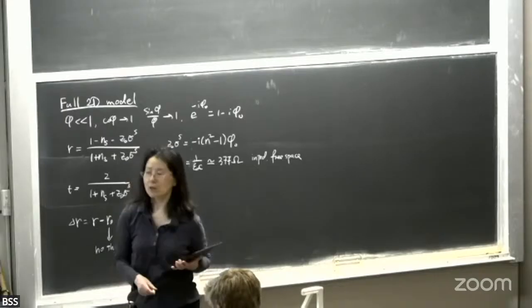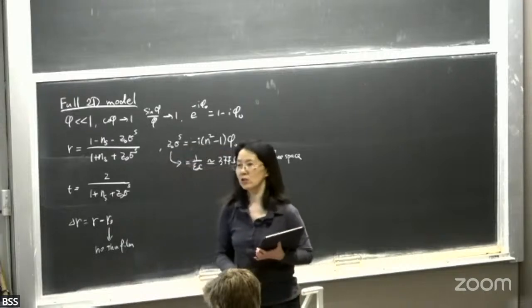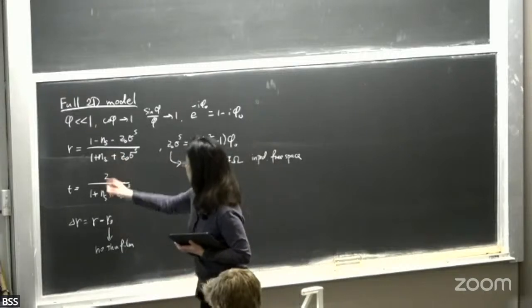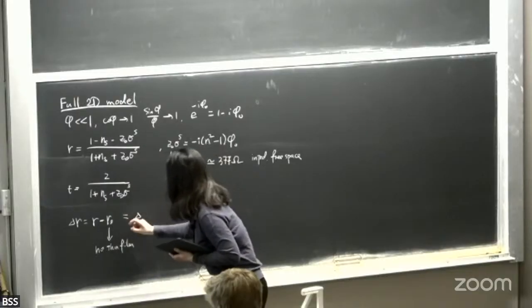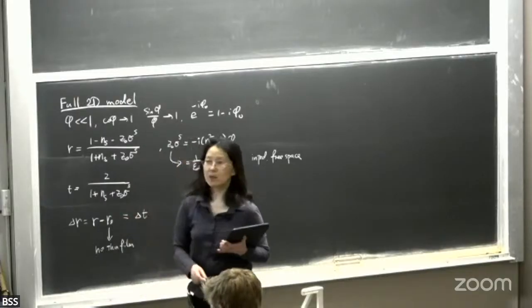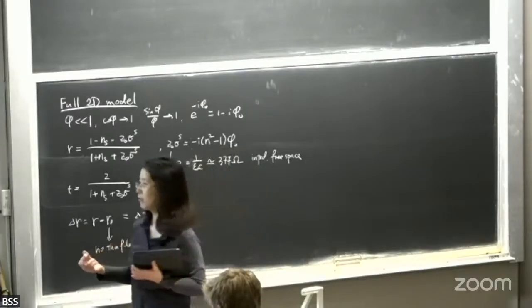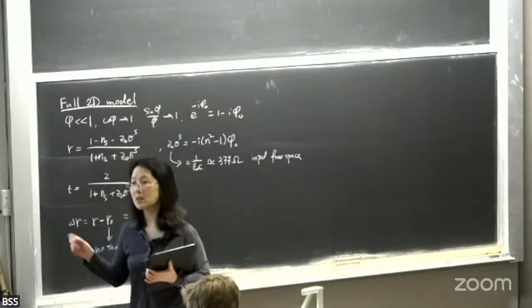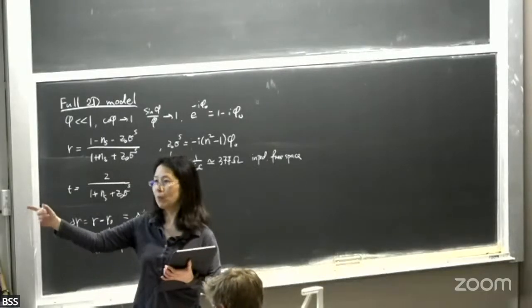So this is like the change of reflection coefficient. If you do this simple manipulation, you can convince yourself that delta R is the same as delta T. So the change in reflection coefficient or transmission coefficient is the same. And this makes sense because we ignore the propagation effect.